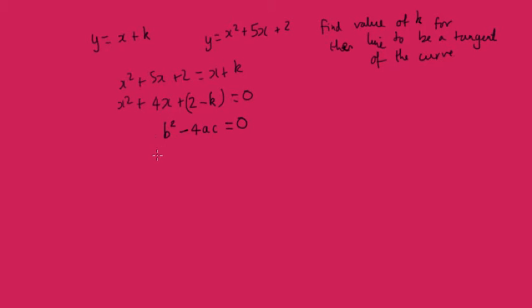So b is 4 squared, minus 4 times a, which is 1, times c, which is 2 minus k, equal to 0. So that's going to be 16 minus 8 plus 4k equals 0. So 4k will be equal to minus 8. So k must be minus 2.